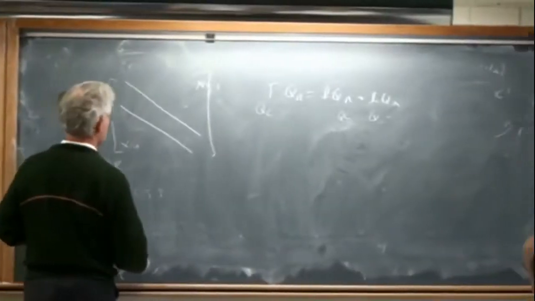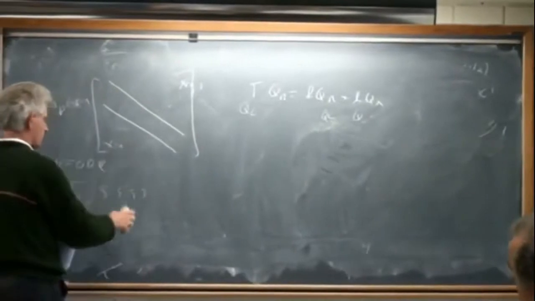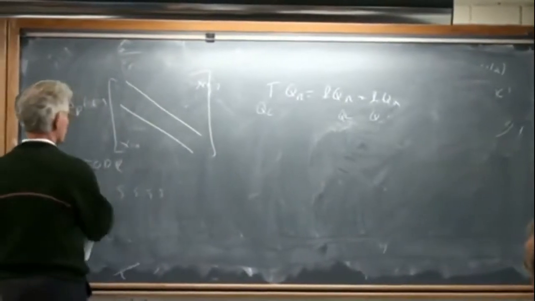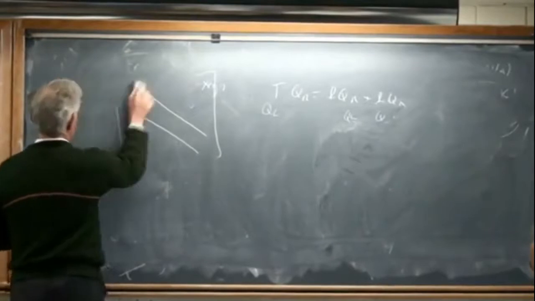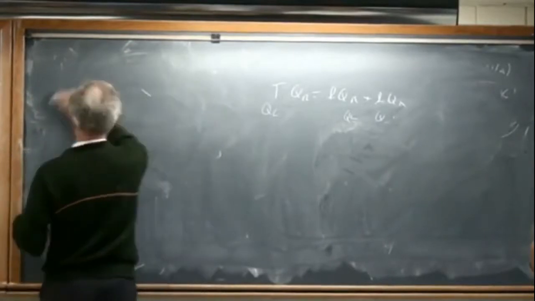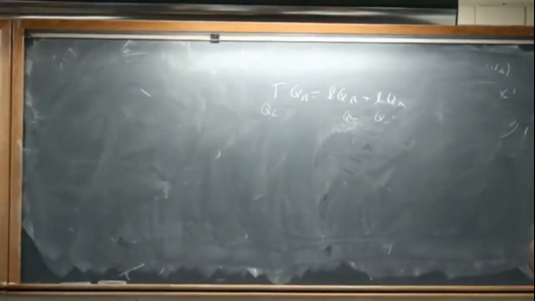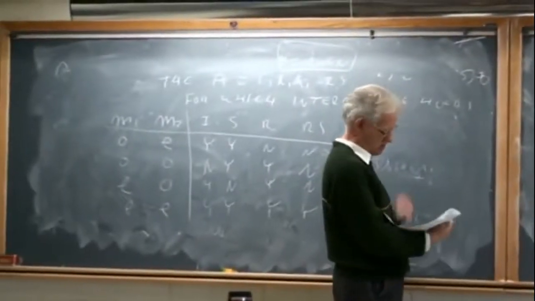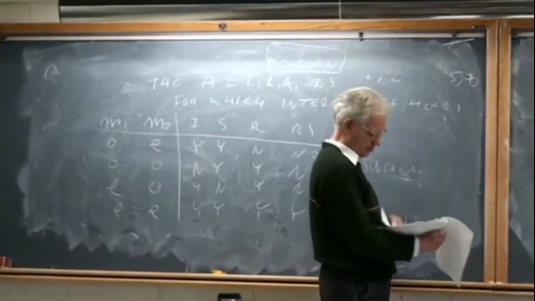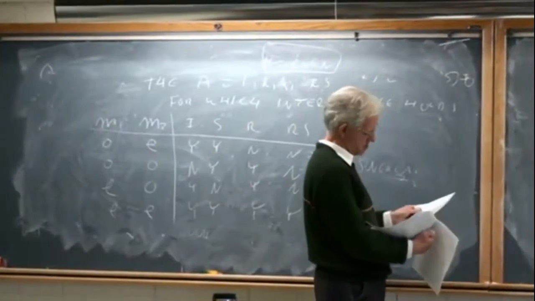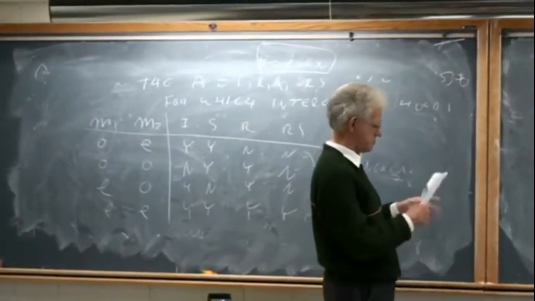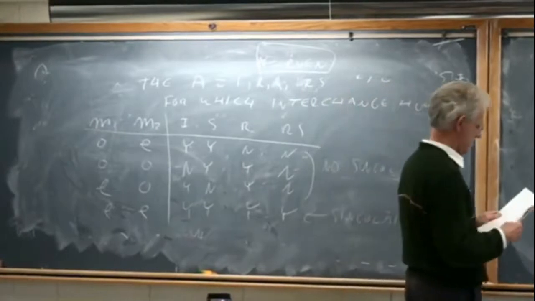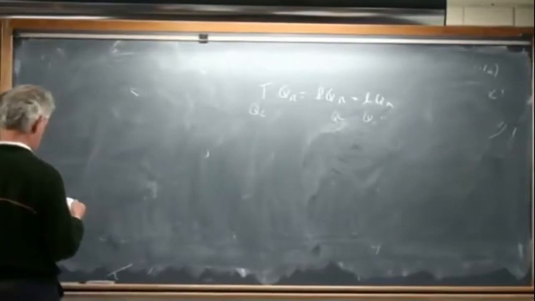We can now attempt to replay the same game. We have an extra parameter at our disposal. And we look at the interchange relations. And now we've discovered that we can make the interchange relations hold if we make a specific choice for the parameter t. And it turns out there are two possible choices for this extra parameter.